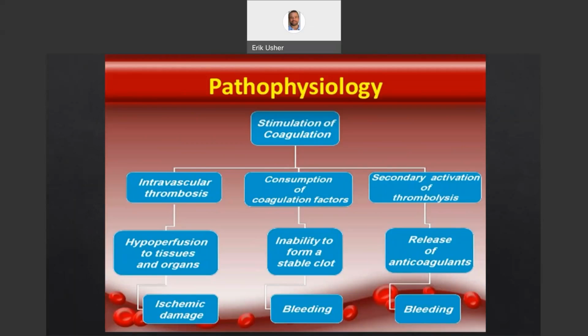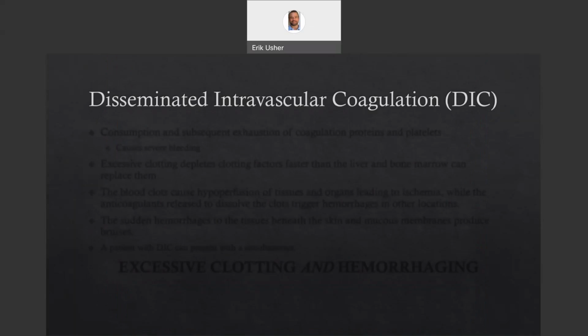So you get these intravascular thrombuses from all this clotting cascade, hypoperfusion of organs, ischemic damage, and then since they're all used up, you can't form stable clots, so they bleed. Then there's a secondary activation of thrombolysis, which is a release of anticoagulants, which further adds to the bleeding problem.